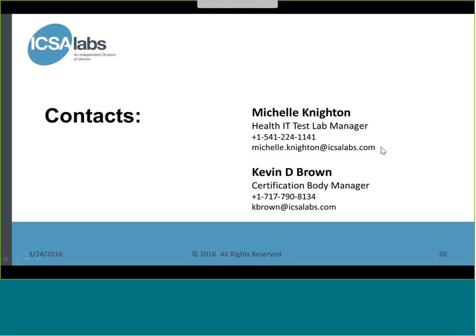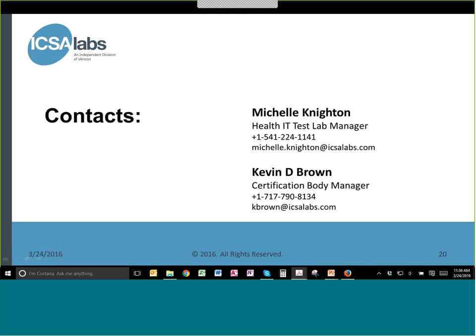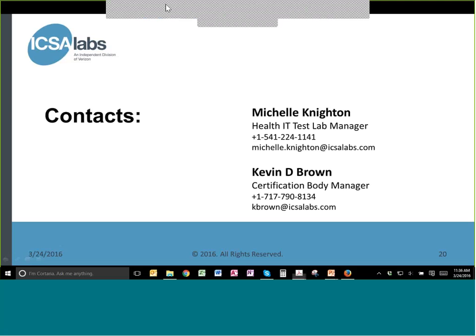They have alluded to maybe some flexibility there, but my understanding is that some of that's going to be at the discretion of the ATL or ACB to be able to determine if it is or is not applicable. So if you can make a case that it's not applicable, and again, as the question references, it's addressed in the documentation, it may be possible for the test lab or ACB to accept that.